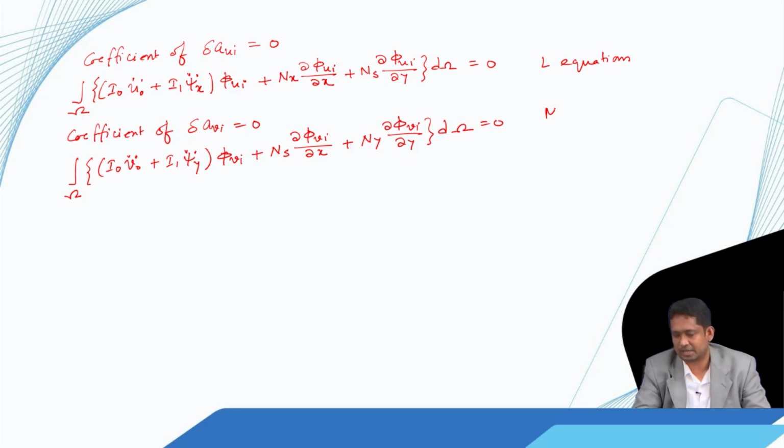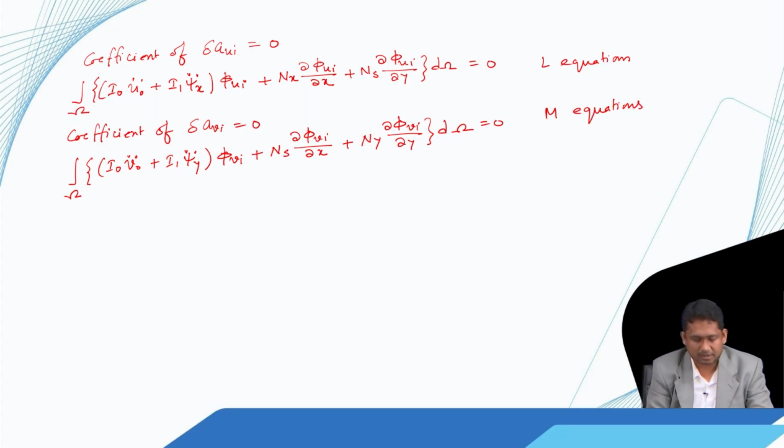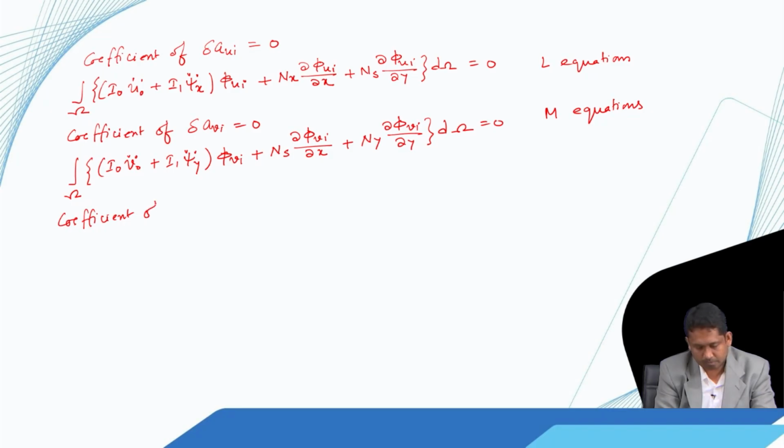So, this gives me a total of m equations. Then we set the coefficient of delta a wi to 0, and this gives me this equation.